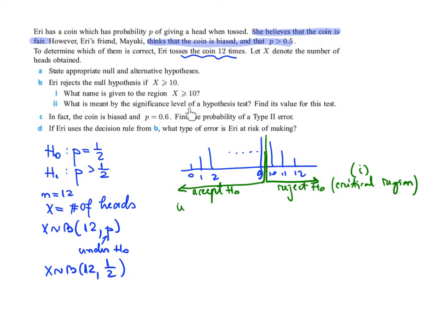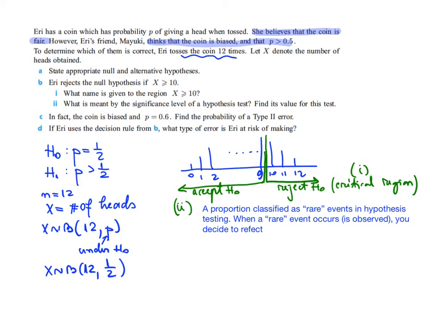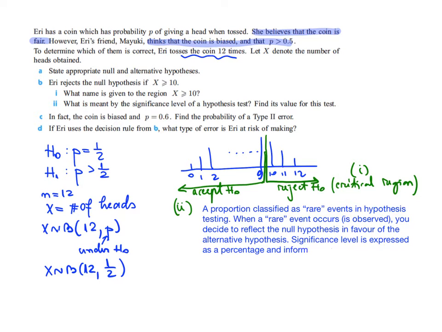What is meant by a significance level? Make sure that not only you know the definitions by heart, but you understand their significance. So let's look at the second question.